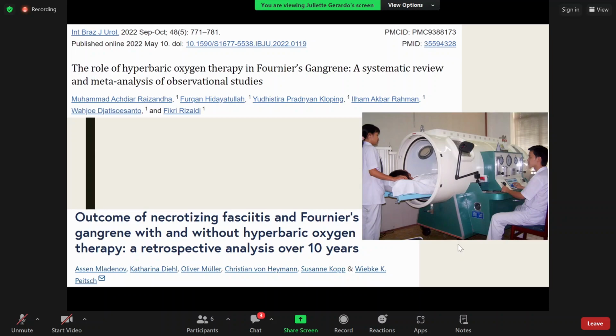And then the second one also focused on Fournier's and was a retrospective single center study, which had about 200 patients. And then those patients either did or did not have hyperbaric oxygen therapy, and then what their outcome was. There was an association of improved mortality rate for those who received hyperbaric oxygen therapy.